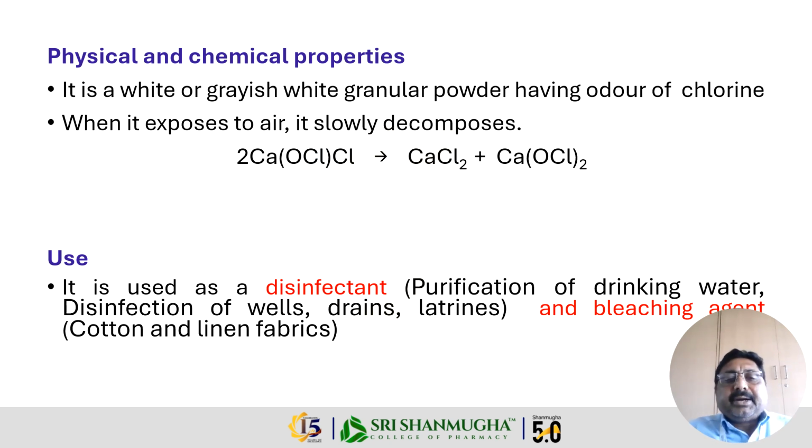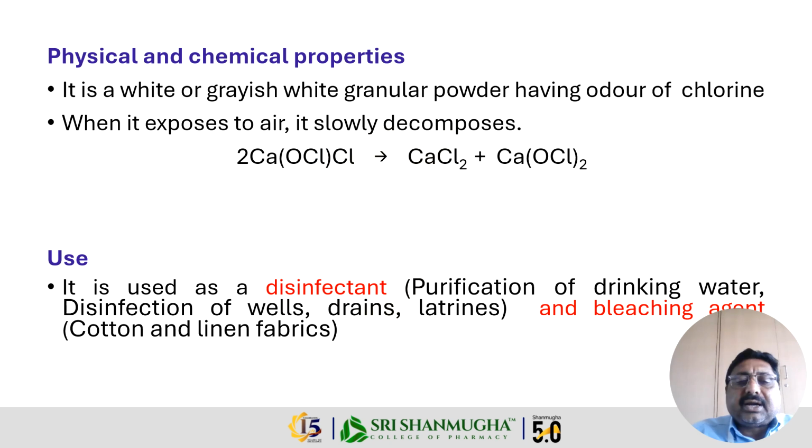So the physical and chemical properties of bleaching powder. Bleaching powder is a grayish white granular powder having a smell of chlorine. When it is exposed to air, it slowly decomposes into calcium chloride, right? This chlorinated lime or bleaching powder is used as a disinfectant, right?